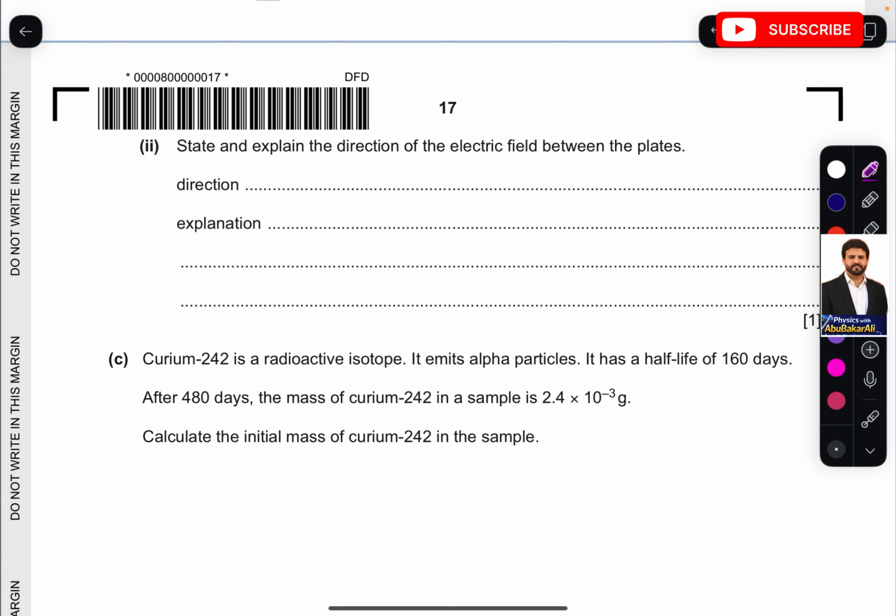First we have to state it is upward. Then we have to explain. So we can write alpha particle attracted towards negative plate.